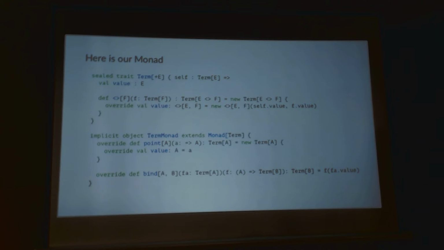So it could be an error condition or an actual value. Excuse me. So the term is really quite a simple entity. We're defining it with the plus, so it's covariant here, because we want subclasses of it to be subclasses of the type parameter inside. So that kind of makes sense.